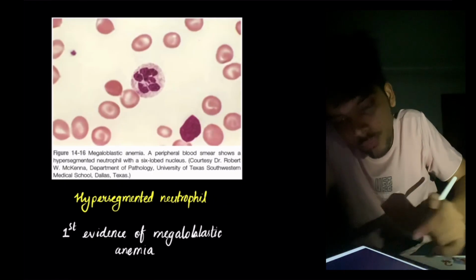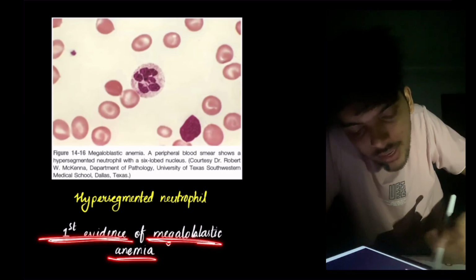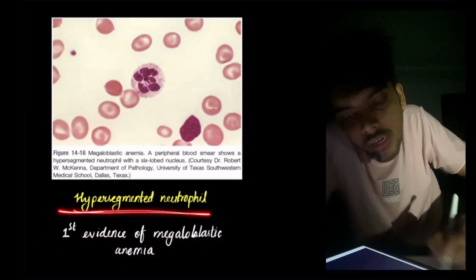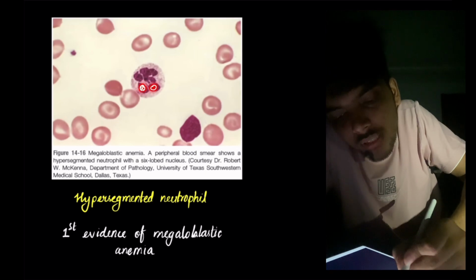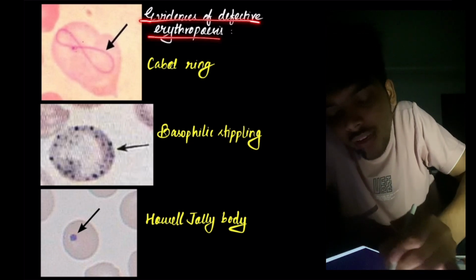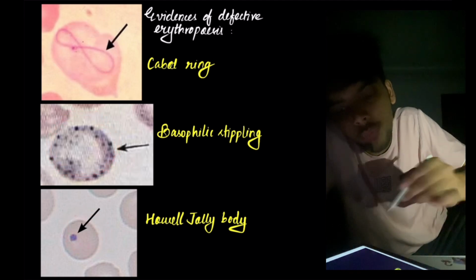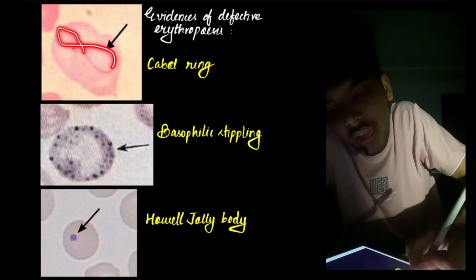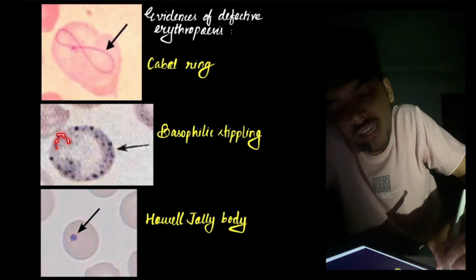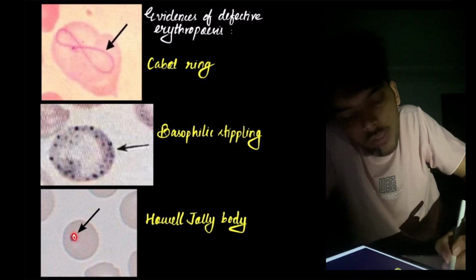Let's zoom in. So first, the very first evidence of megaloblastic anemia is hypersegmented neutrophil. We have evidences of defective erythropoiesis. These are erythrocytes, each of them with a typical feature. You can see 8-shaped Cabot ring right here, many dots which are your basophilic stippling, and then Howell-Jolly body.